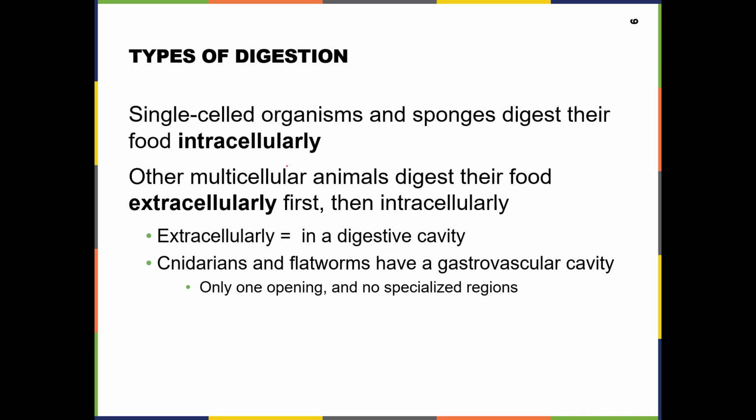So we looked at, in the periphery, the sponges, and also single-celled organisms, although those are not animals. But the sponges are animals that digest their food intracellularly. So that means that a food vacuole is formed that brings in a large macromolecule, and then the lysosome fuses with that food vacuole, mixes the food with the hydrolytic enzymes.